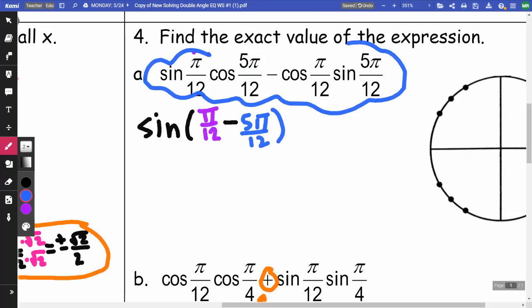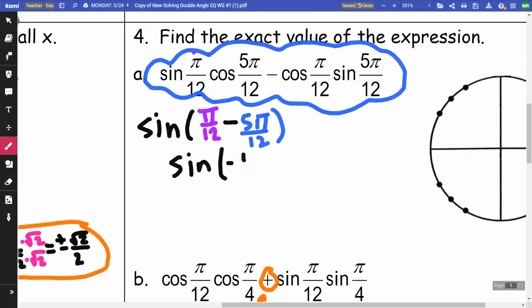Okay, these are equivalent. So when I do that math, I'm going to have sine of negative 4 pi 12ths. And I don't know my 12ths on my unit circle, but I can reduce this. And this is going to be sine of negative pi thirds.